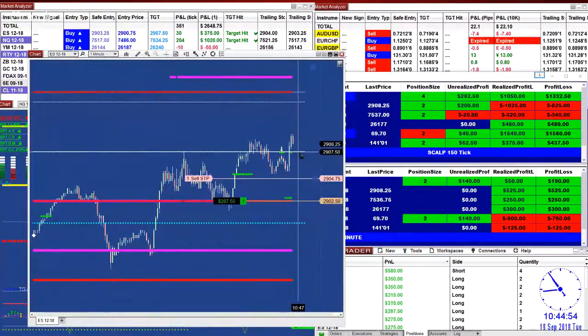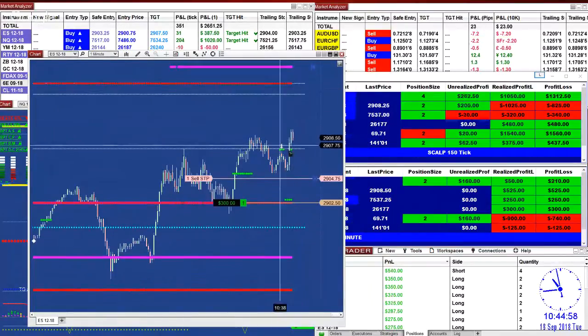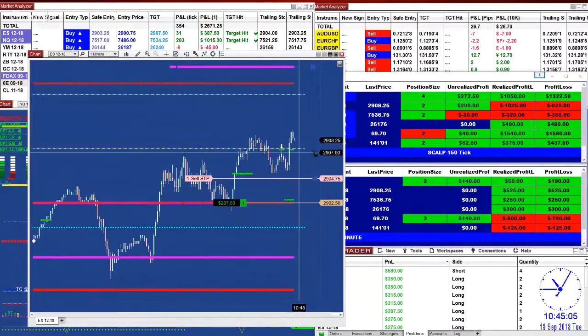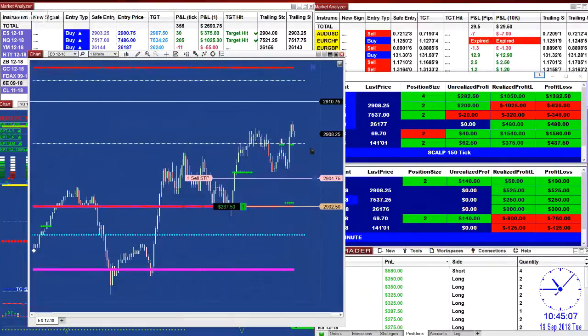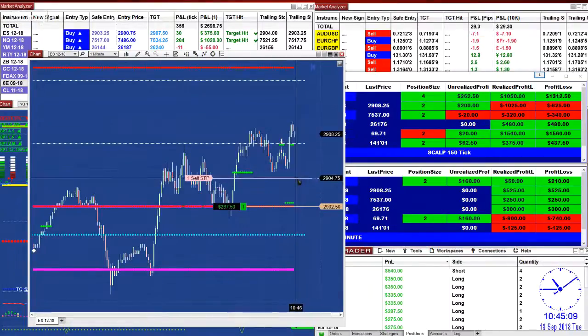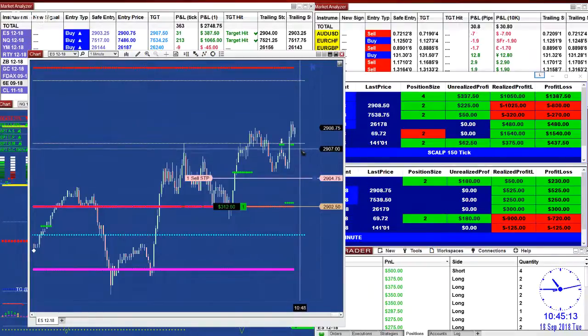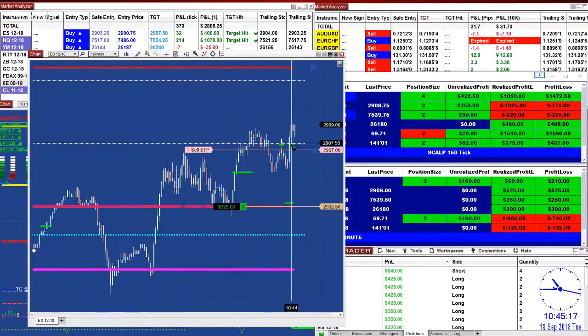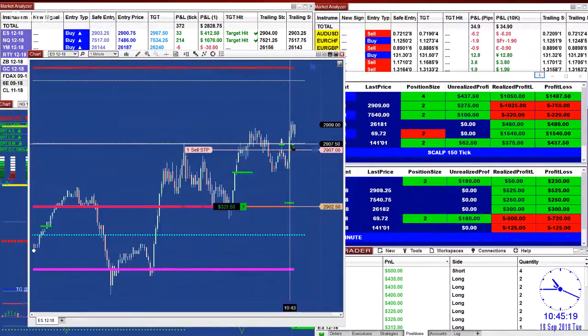Now I want to show, we broke that area here. This is the second one. We broke it. There is a projection and there is a support line. This is where, for the ones following us on this trade, we are moving the trailing stop again below the resistance and the projection.